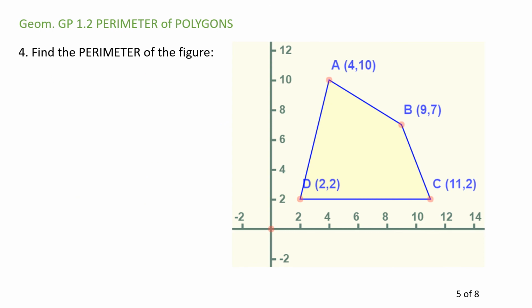Same thing. I've got a length down here. That's 9 units. Notice each of these is marked off in 2s. The rest of them I'm just going to have to use the Pythagorean theorem on. I'm going to start with AB.